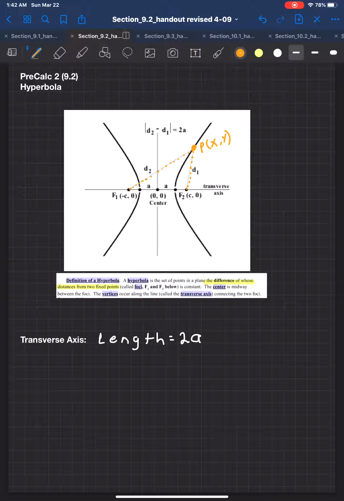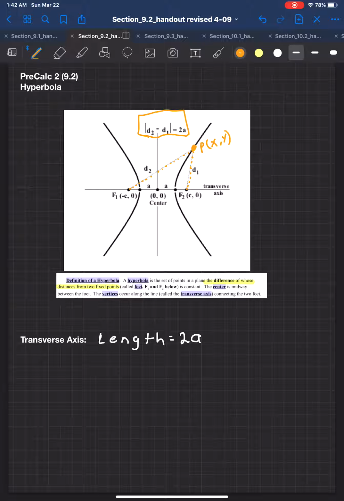So if you take distance d sub 2 minus d sub 1, that's the difference between the distances, and it is always constant. It is always the same.